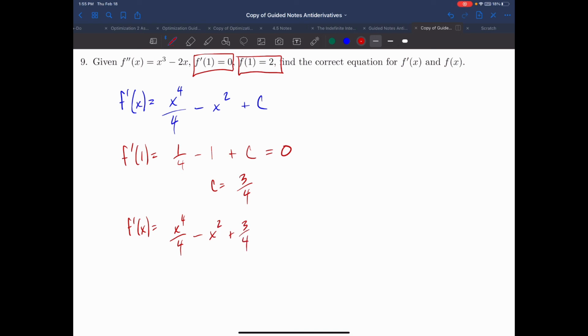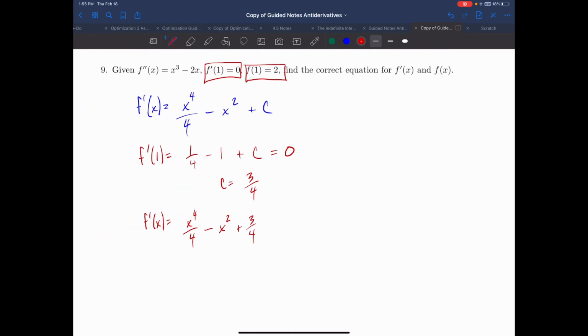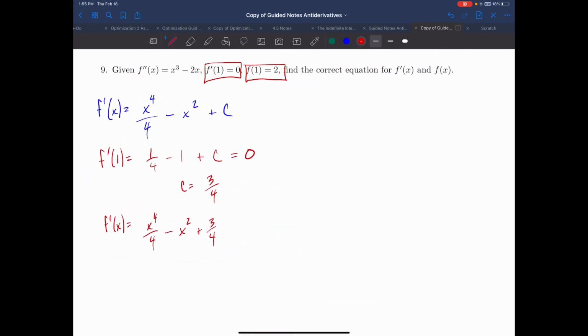Now we just have to find f of x. So I'm going to shift this over a little bit so I can have more room. And then let's find the antiderivative of f prime, which is f of x.